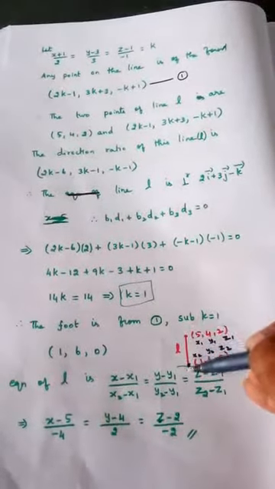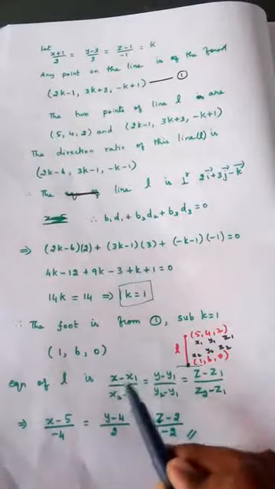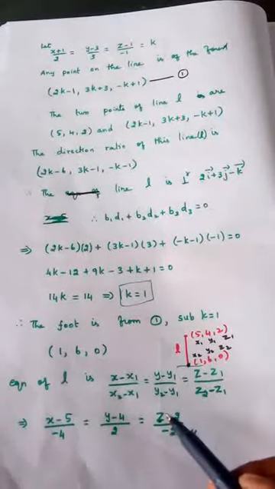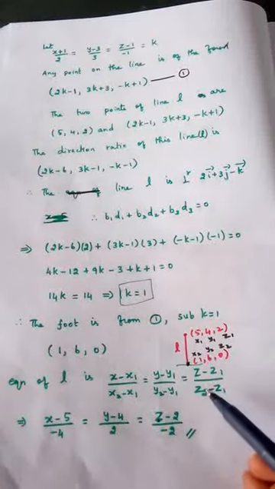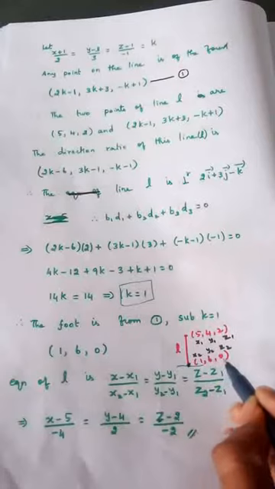The equation of this line can be given using the 2 point formula. What is the 2 point formula? (x minus x1) by (x2 minus x1) equal to (y minus y1) by (y2 minus y1) equal to (z minus z1) by (z2 minus z1). This is x1, y1, z1, x2, y2, z2.